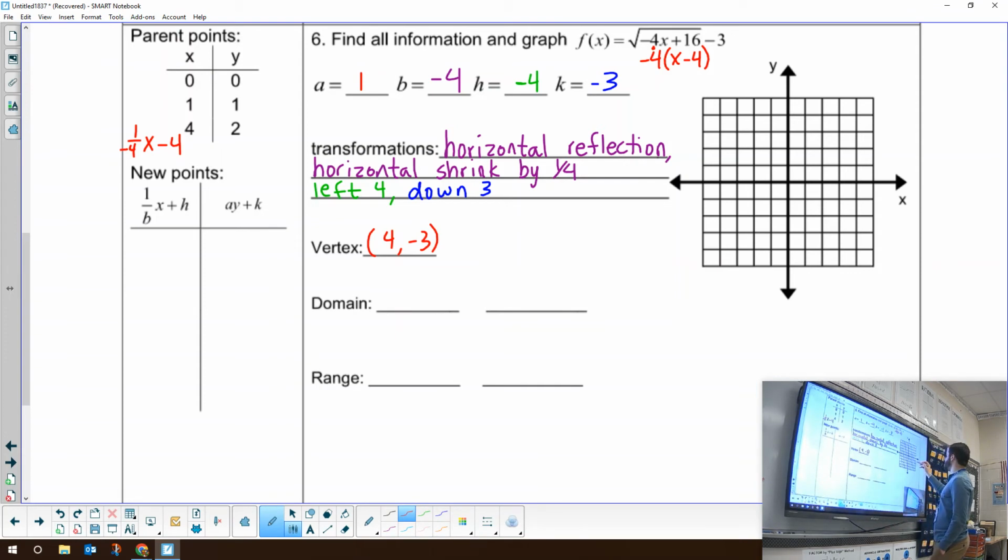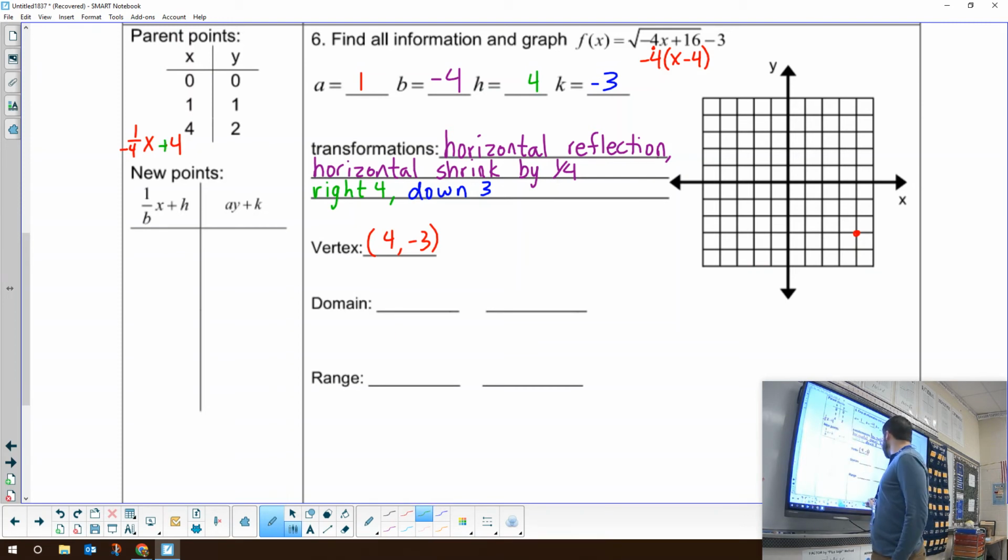And we would have a point at 4, -3 right there. So that's going to change this as well right here. That would be to the right 4. Okay? All right, so we're actually going to go -1/4 x plus 4. Okay? All right, and that'll make a big difference.